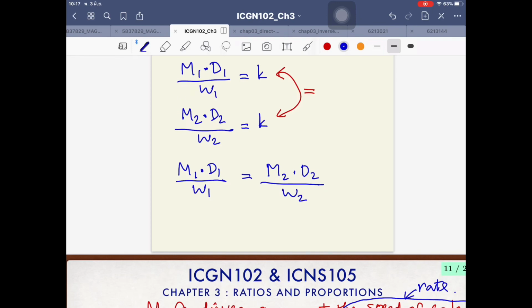But if you don't like the fraction form, you just move the term W1 below to the right side, and also move the term W2 to the left side. So now you have M1 times D1 times W2 equal to M2 times D2 times W1. This will be the second form of the formula for the problem of time and work.